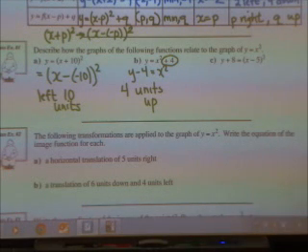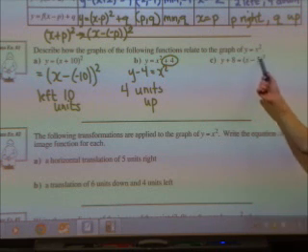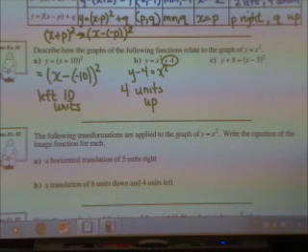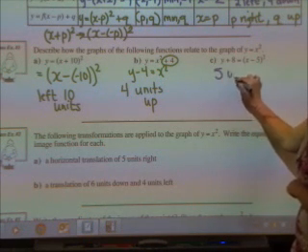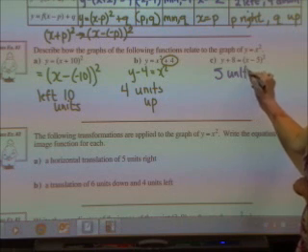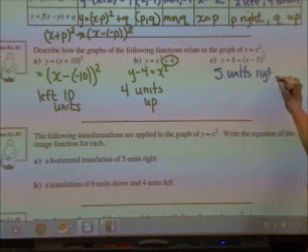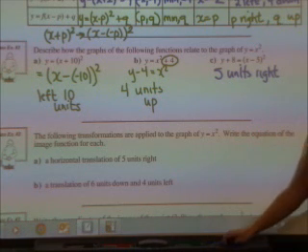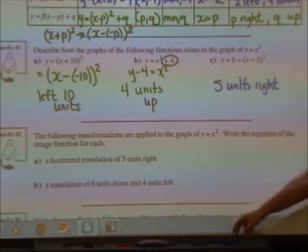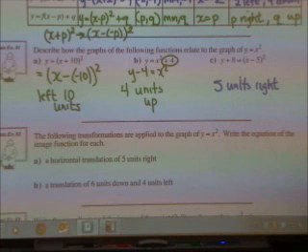The last one. X minus 5. What does the 5 tell me to do? What about the 8? 8 units down.